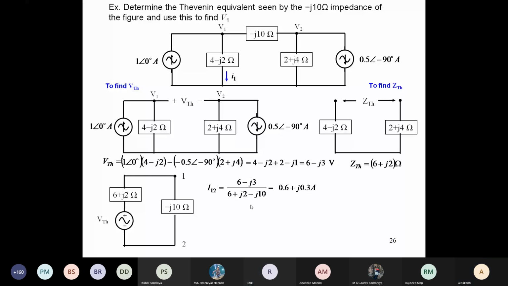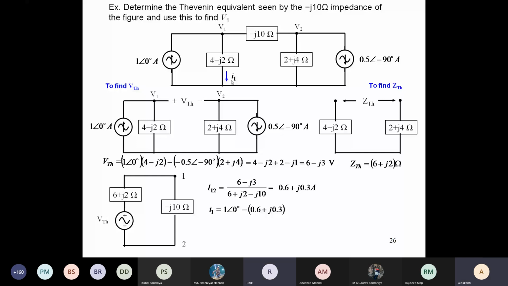There was also one question asked: what is the current I1? So I1 is basically the current, that is the total current minus the current flowing through the J10 ohm.